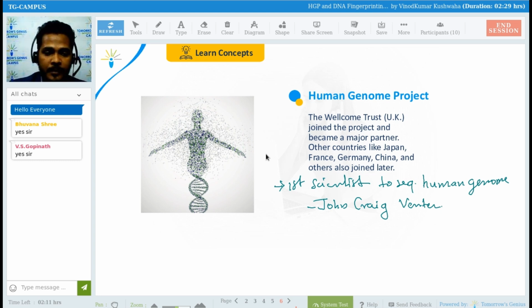Okay, so you have to remember this. John Craig was a scientist, or we can say a PhD scholar, and along with that he was a businessman. So he sequenced the human genome for the first time. Now, the Human Genome Project was launched on 1st October 1990.